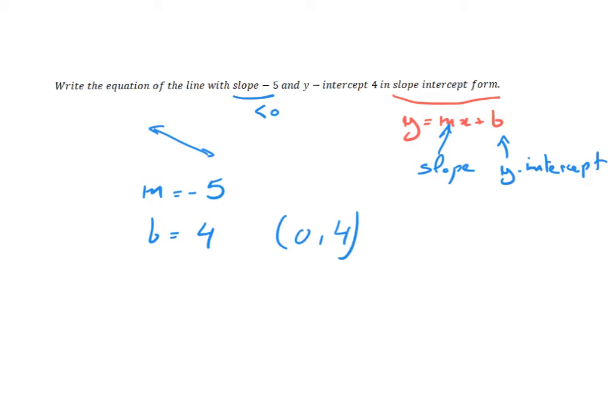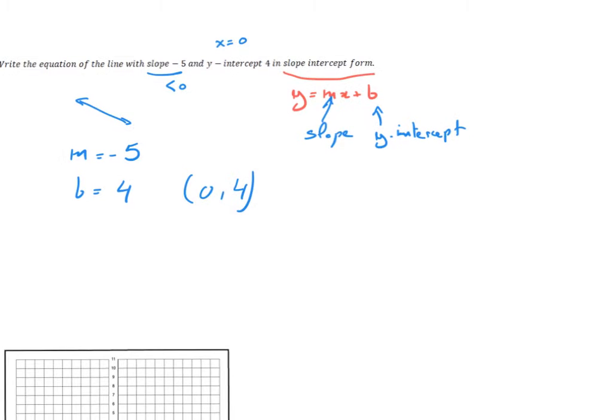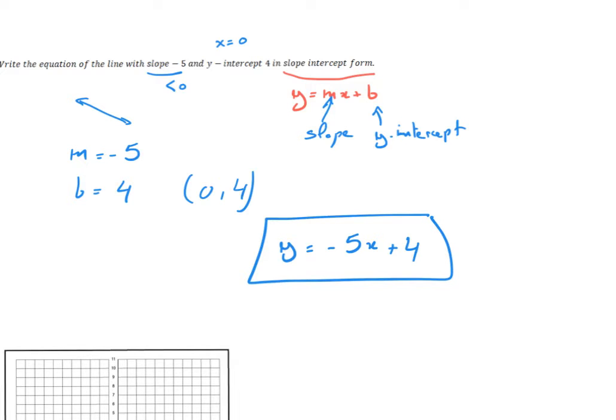Always when we think about the y-intercept, think about x equals 0. So the equation of the line will be y equals -5x plus 4.